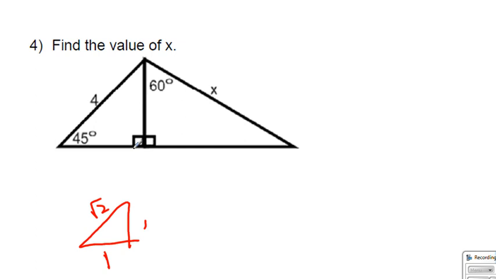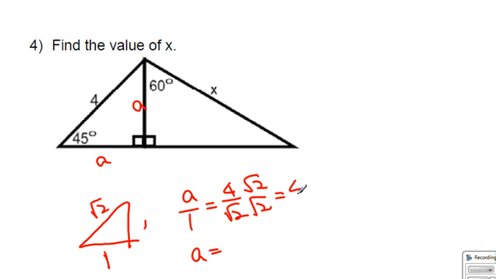And then what I call this portion is A and A. Then you will realize that A over 1 is equal to 4 over radical 2. And when you simplify this one by multiplying top and bottom by radical 2, we get 4 radical 2 over 2, which is equal to 2 square root of 2.